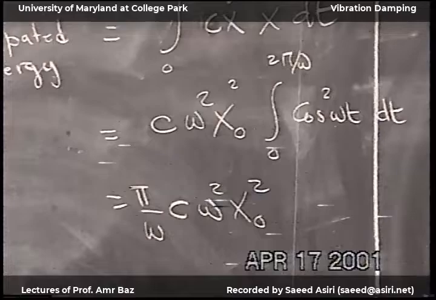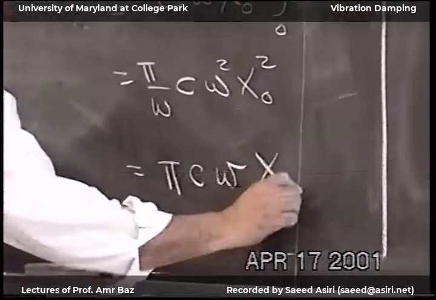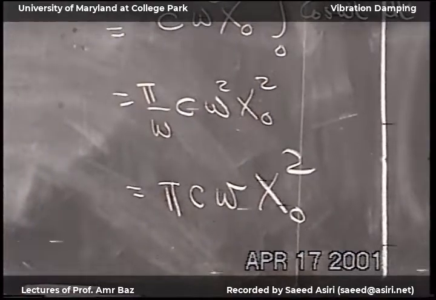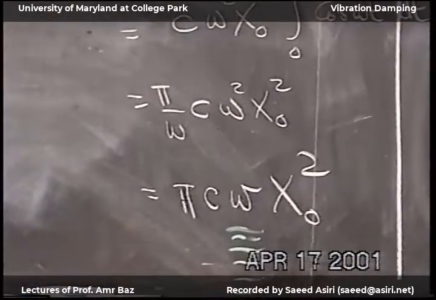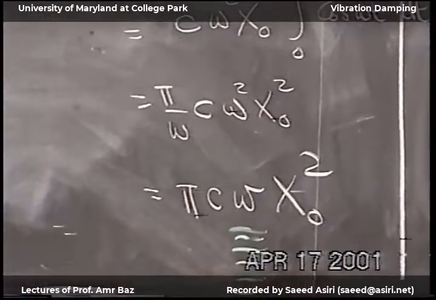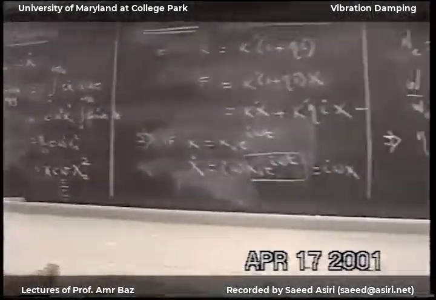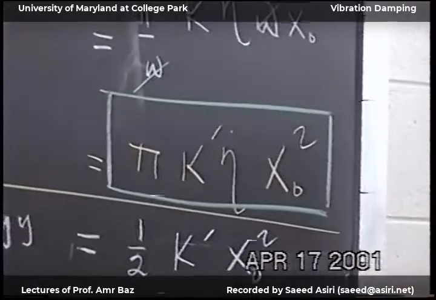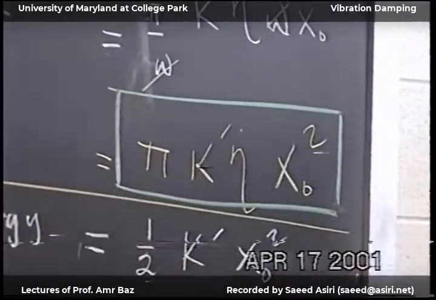Okay, so now here pi C omega x0 squared. For viscous damping, the energy dissipated depends on the frequency. For viscoelastic damping, the energy dissipated does not depend on the frequency.